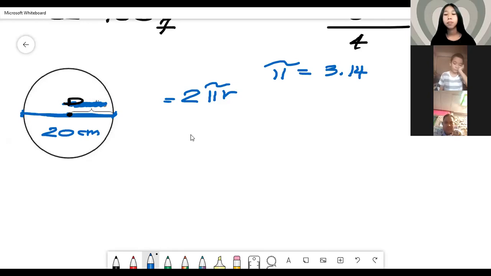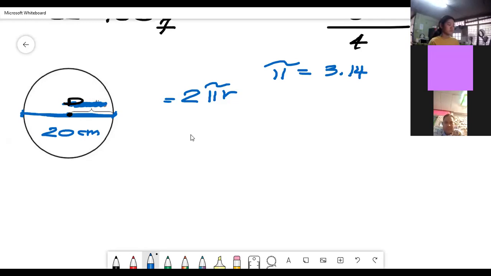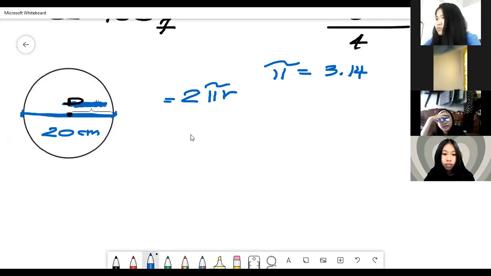So it's very easy because in the problem, they will tell you what to use. In example number 1, the book said please use 22 over 7. In example number 2, the book said use 3.14. And you will ask me, teacher, is it the same?